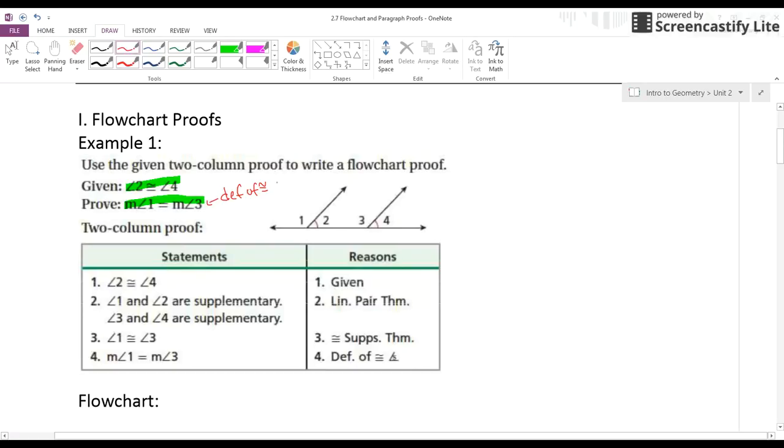So we're given that angle 2 and angle 4 are congruent, which is awesome. From your diagram, we know that angle 1 and angle 2 are a linear pair, and angle 3 and angle 4 are a linear pair.